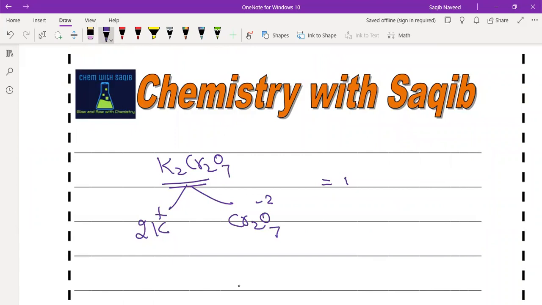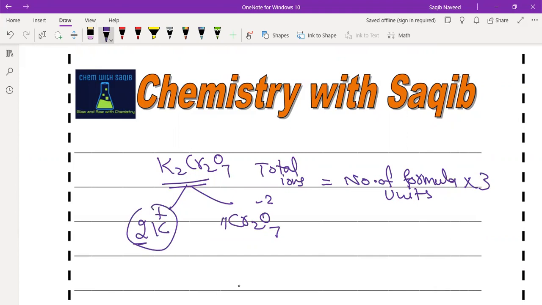So total number of ions will be number of particles, or you may say formula units, because it's an ionic compound. Formula units multiplied by 3. That is the total ions, because it has 3 ions, 2 positive ions and 1 negative.